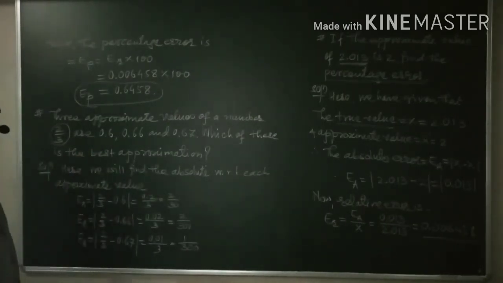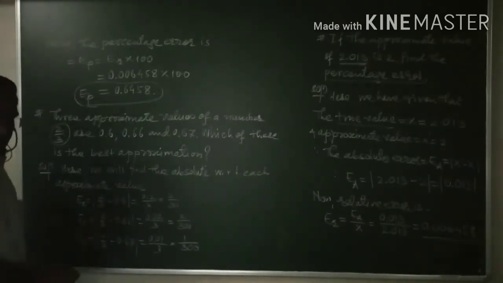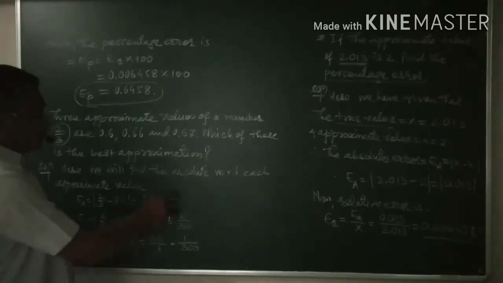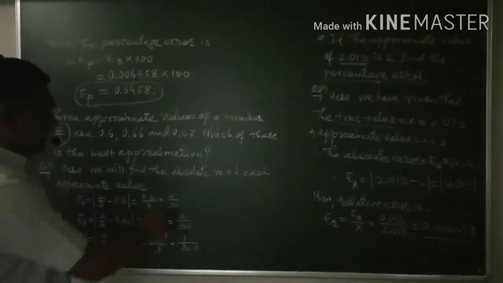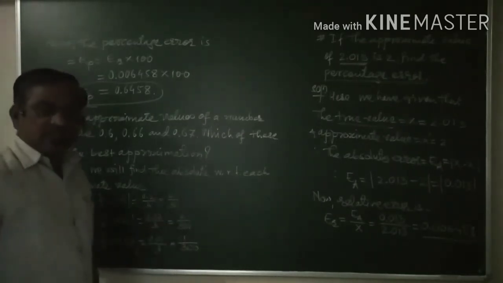Now, you need to decide which one is the best approximation, whether this approximate value is the best, or this one, or this one. These are 2 by 30, 2 by 300 and 1 by 300.